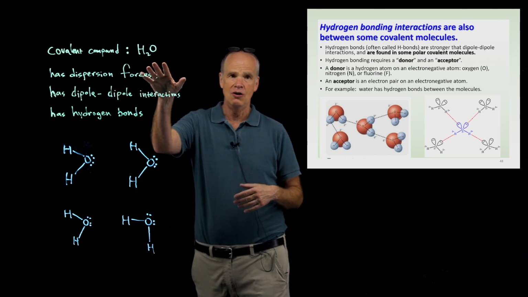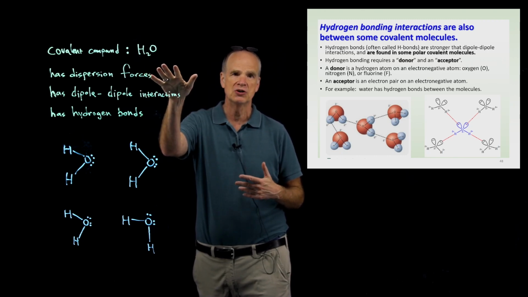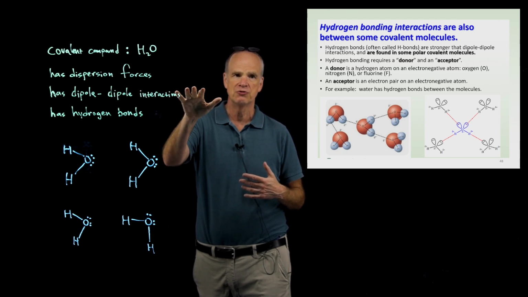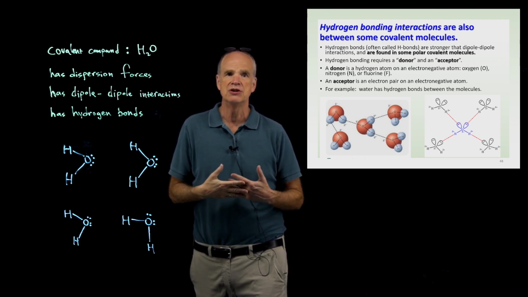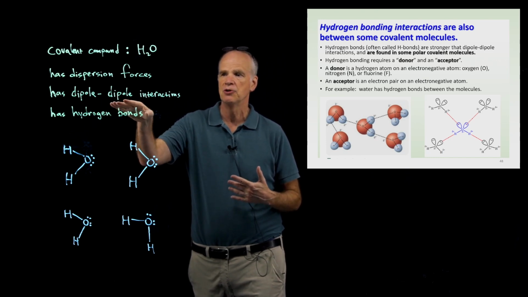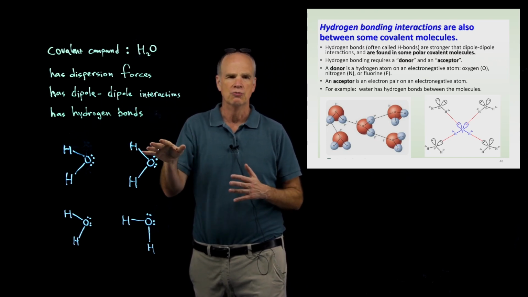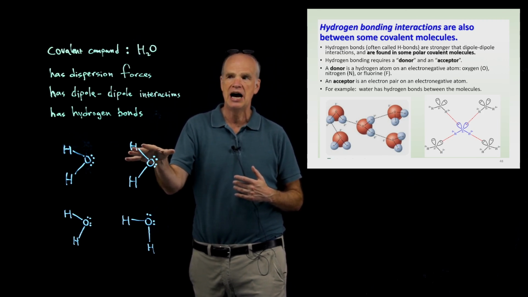All molecules have dispersion forces, and water is a molecule, so it will also have dispersion forces. Water is a polar molecule, and you might remember that all polar molecules have dipole-dipole interactions. So I want to digress a little bit and show you where the dipole-dipole interactions are in water molecules.